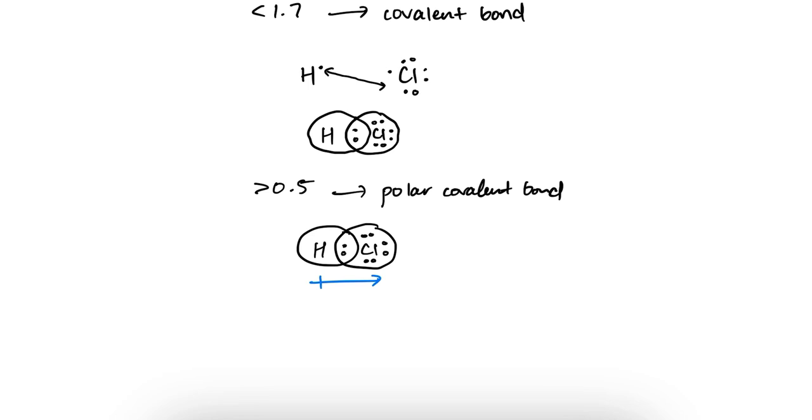So at any given moment, we would likely see a stronger distribution of electrons towards chlorine than hydrogen because chlorine still does have a greater electronegativity. And we can denote this with a delta minus, a partial negative, and a partial positive charge. And this is a dipole, which is why it's called a polar covalent bond.